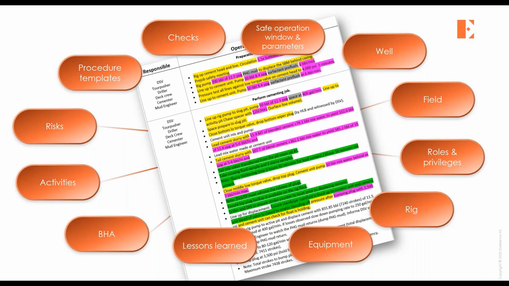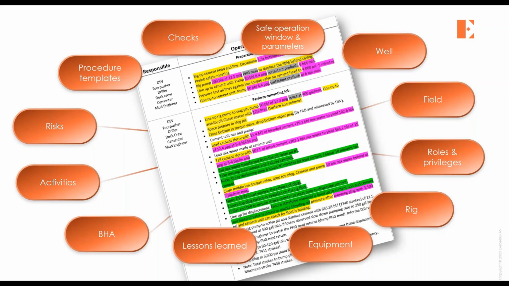It's a rich text document containing a lot of information and different elements. It's a mixture of procedure steps, operational parameters, fluid information, all the checks and risks, etc. are compiled in a text document. And most often these are copied from previous operation, which leaves room for errors and missing information.